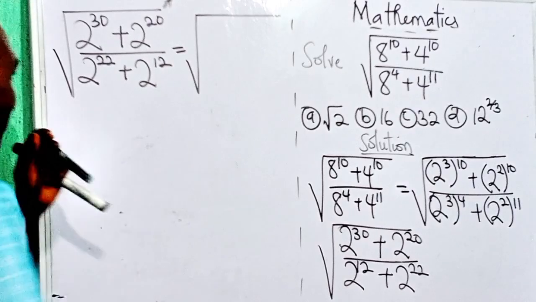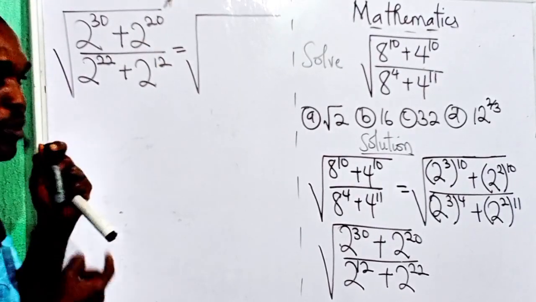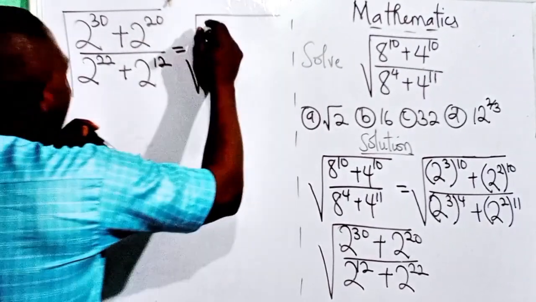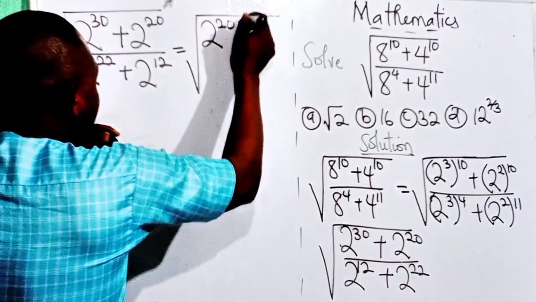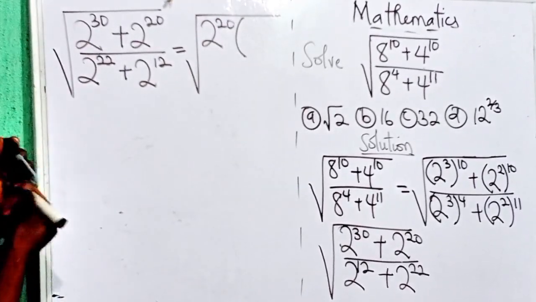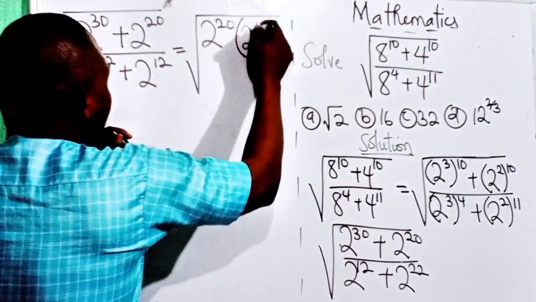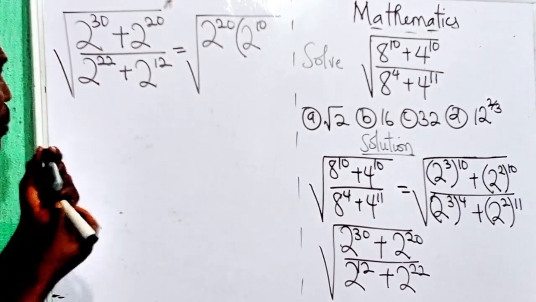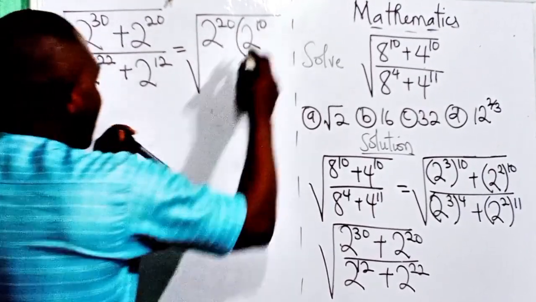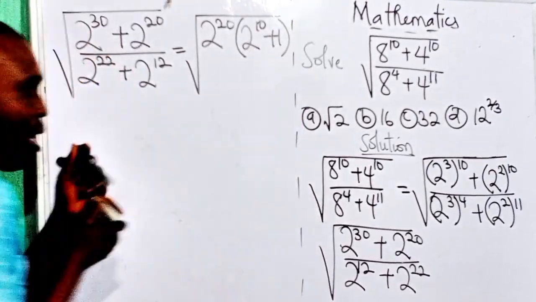What is common is 2 raised to the power of 20. So I can have 2 raised to the power of 20, brackets open. All right, now what is left here? What is left here is 2 raised to the power of 10. Don't forget. Okay, now what is left here is 1. Am I communicating?